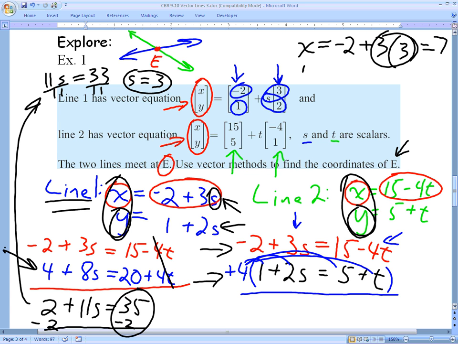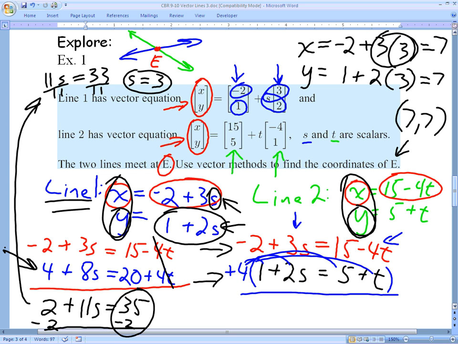And now I can do the same thing for the y. Y is equal to, and I'm now using this equation here with the s, 1 plus 2 times the s, which is still 3. So 1 plus 6, which also gives me 7. So my final ordered pair is 7, 7, and that would be point E.